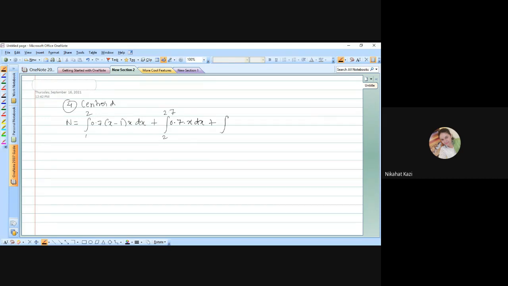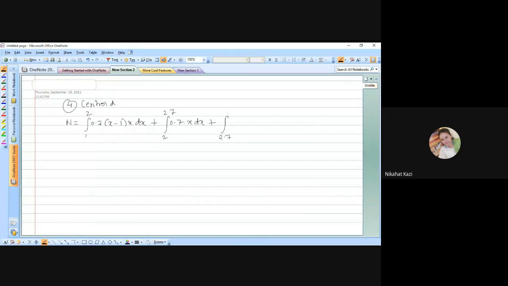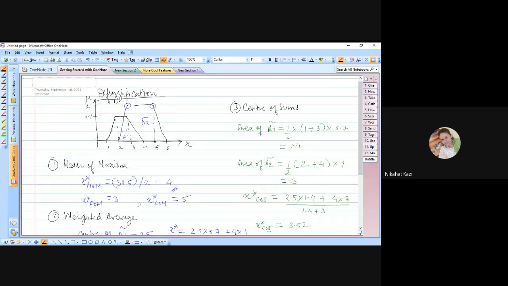Okay. Next is 2.7 to which point? What is the next point? It is 3, right? So 2.7 to 3, the next equation. What is that equation? It is x minus 2. The equation of this line is x minus 2.